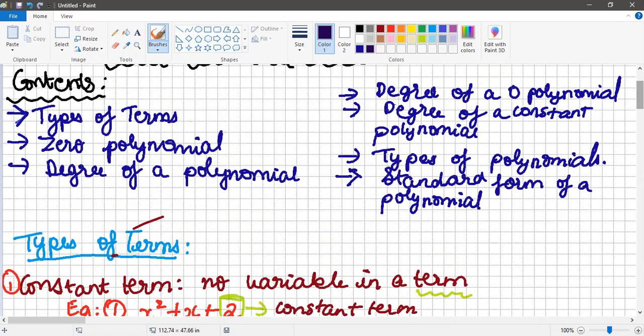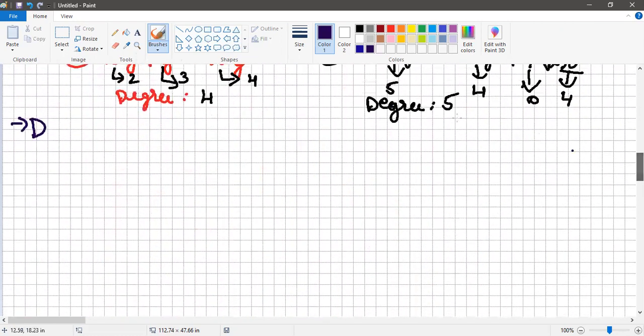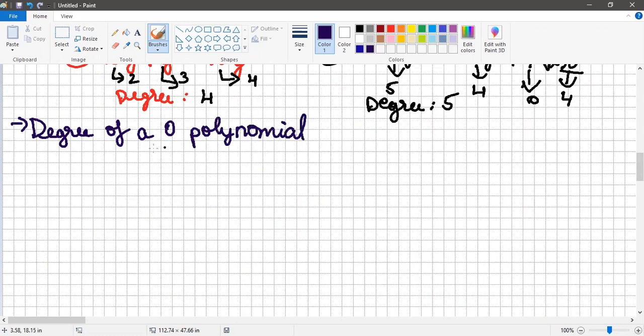Degree of a zero polynomial. What is the degree of a zero polynomial? If a question comes to you in the exam paper, like what is the degree of a zero polynomial?